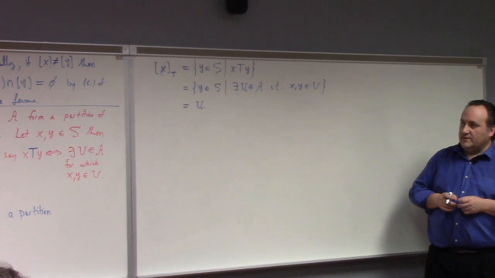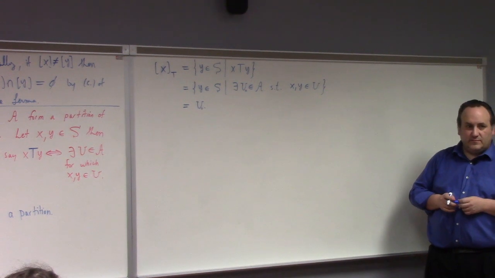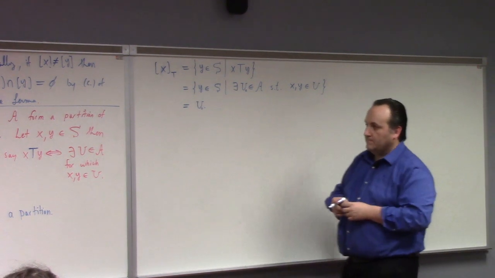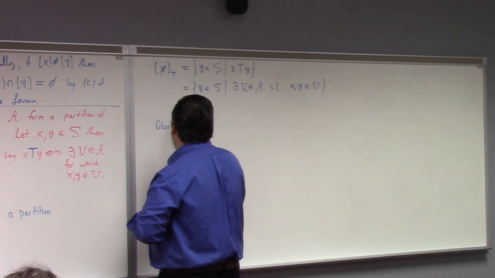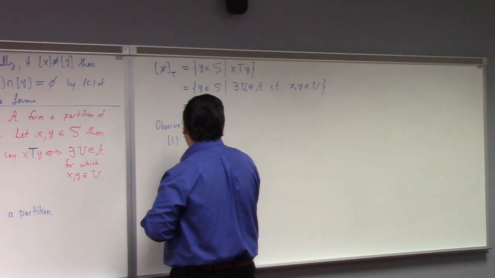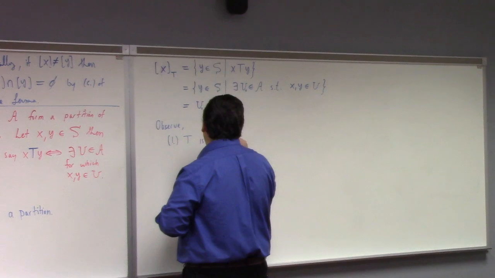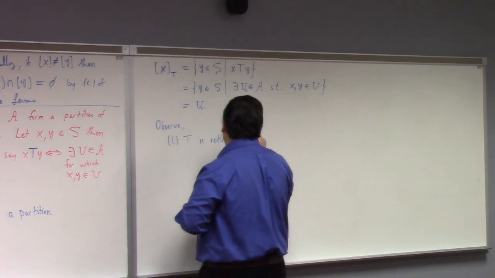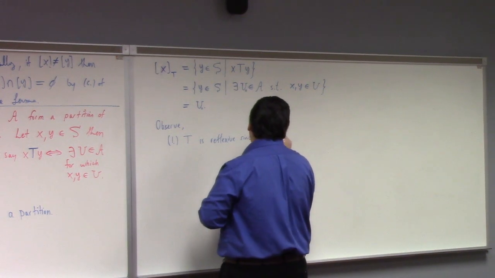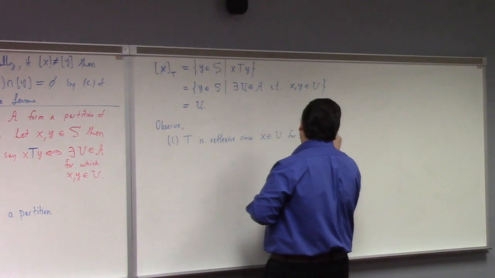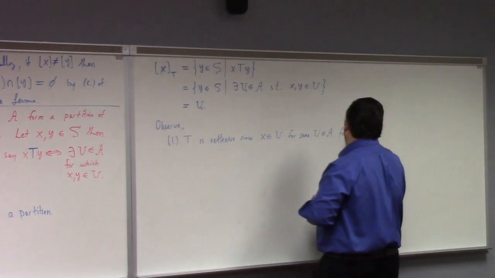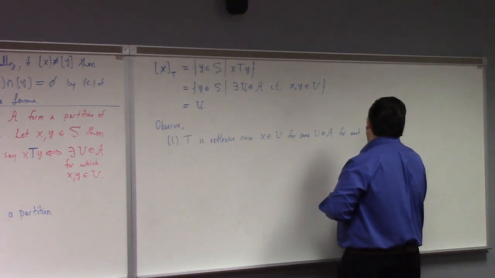All right, so why is this t relation reflexive? T is reflexive, why? Since x is an element of u for some u in A for each x in S, right?